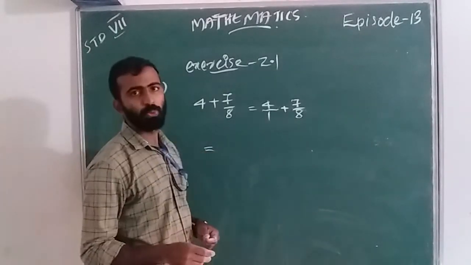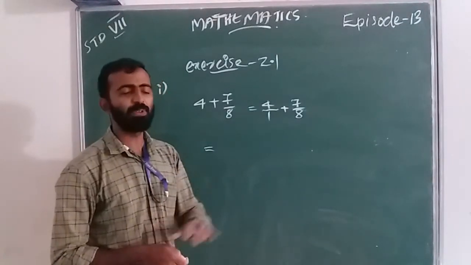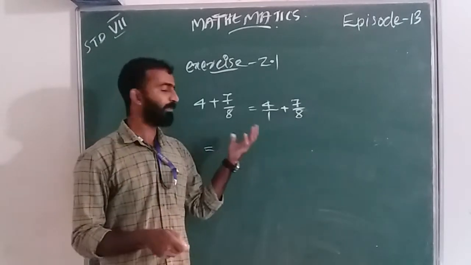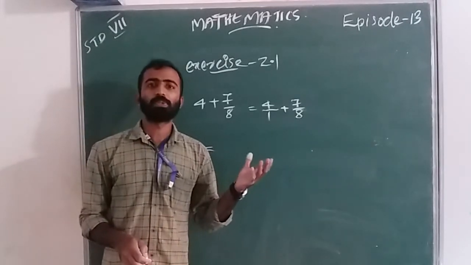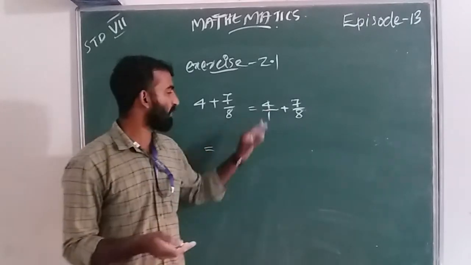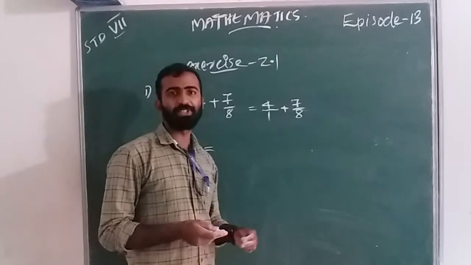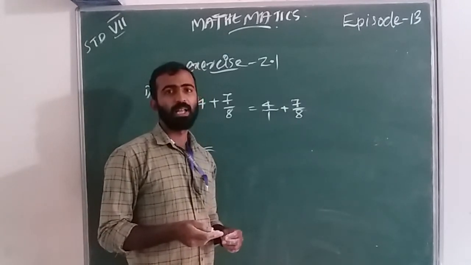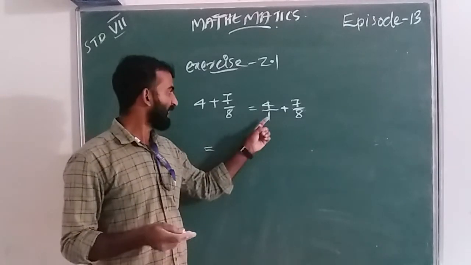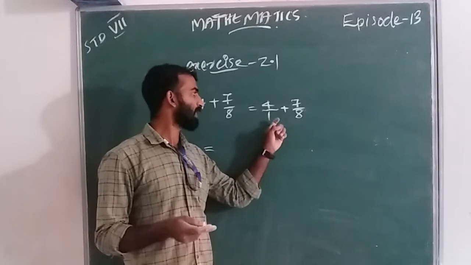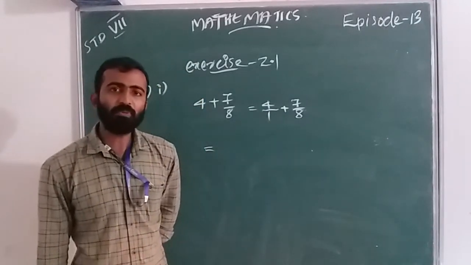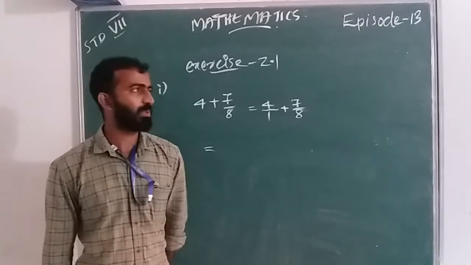What do we want to do? What is the next step? Anyone can say? The next step is we want to convert the denominators to the same. Here the denominator is 1, and we want to make it 8. We can convert 1 to 8 because 1 is a common factor for all numbers.